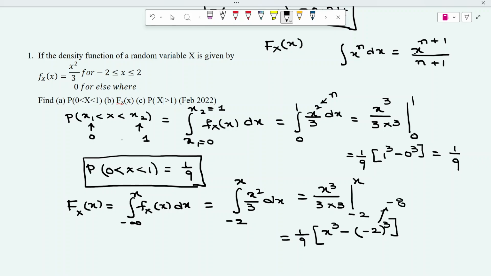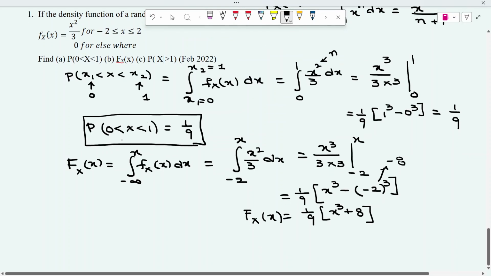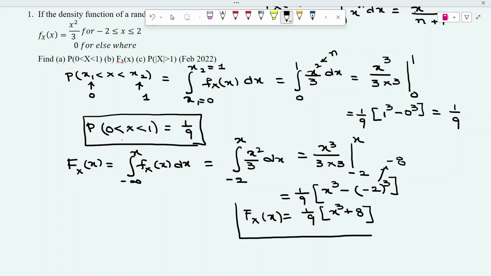Outside there is a minus, so minus minus becomes plus. So it is simply 1 by 9 into x cube plus 8. So the distribution function F x of x is equal to 1 by 9 into x cube plus 8. This is the distribution function.